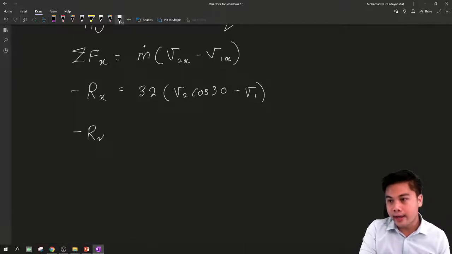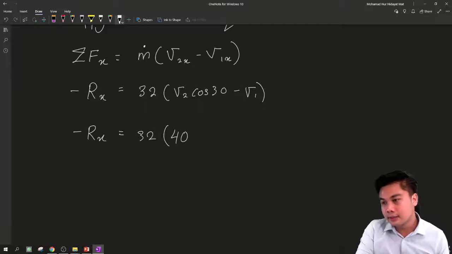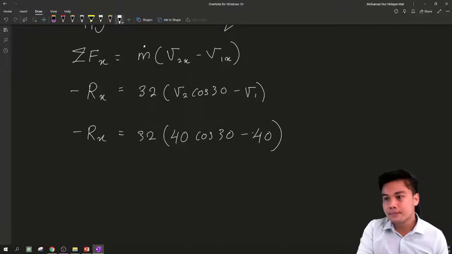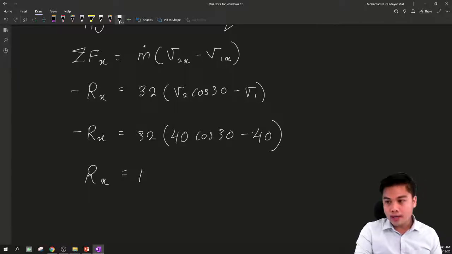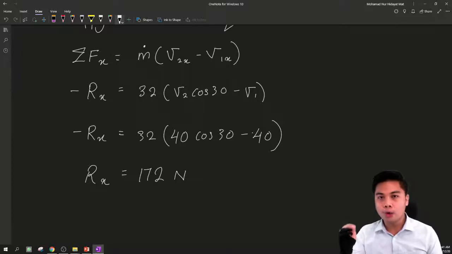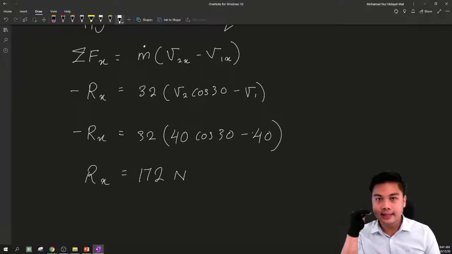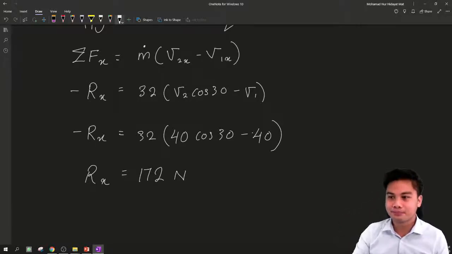Negative Rx equals 32 times (40 cos 30 minus 40). And the final answer you will get is Rx is 172 Newtons to hold the deflector in the X component.